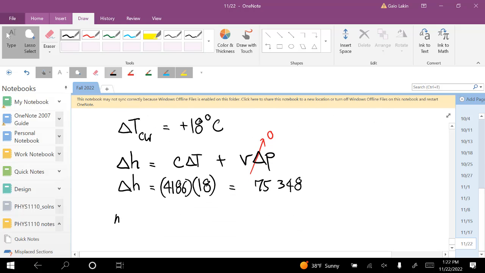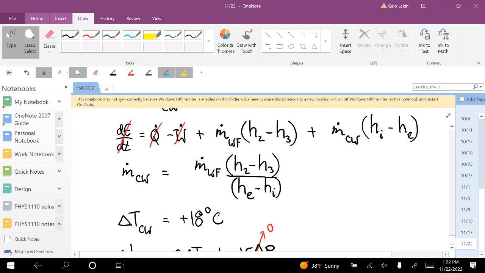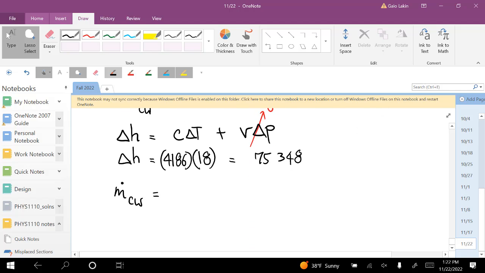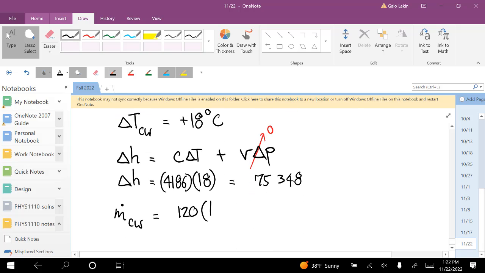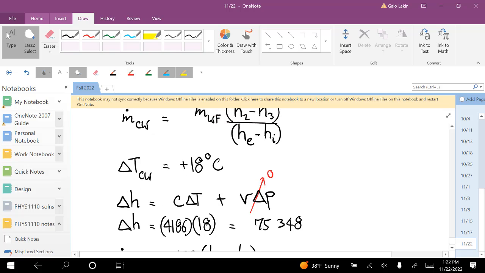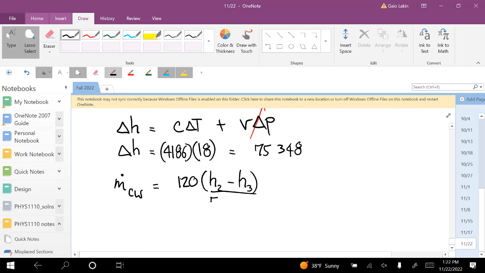And so now you can calculate the mass flow rate of the cooling water. It is 120 times whatever we had for these, divided by 75,348.